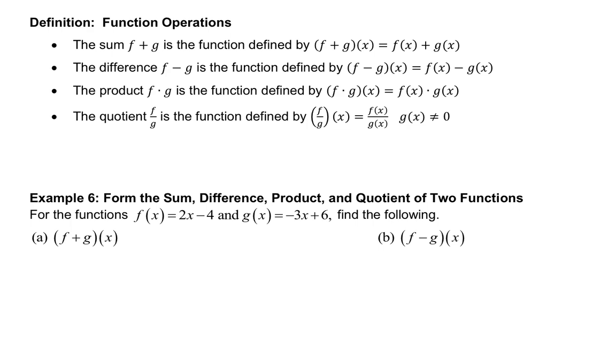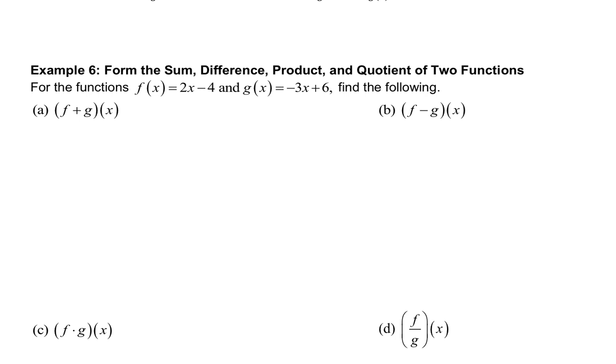Lots of rules. So what happens when you form the sum, difference, product, and quotient of two functions? They're going to give us two functions up here. They're already given to us. f of x is 2x minus 4, and g of x is -3x plus 6. So we're going to add them together. It says f plus g of x.